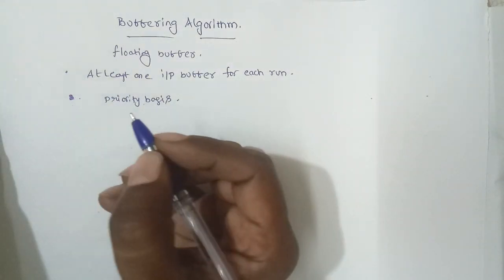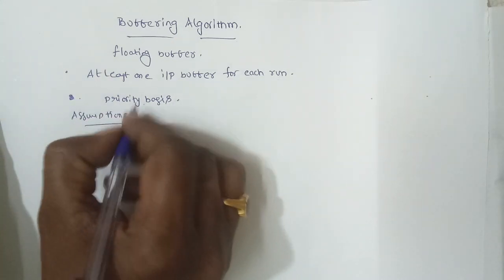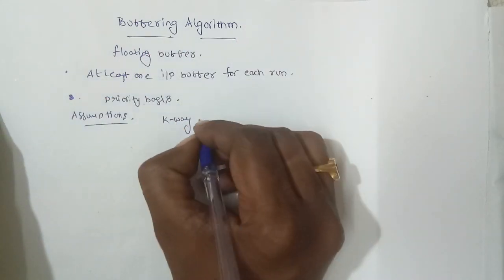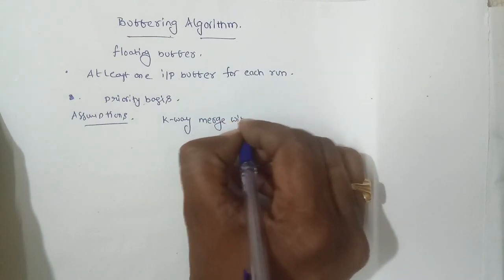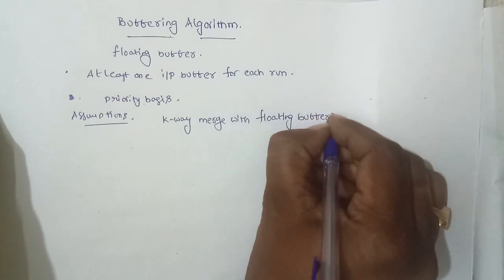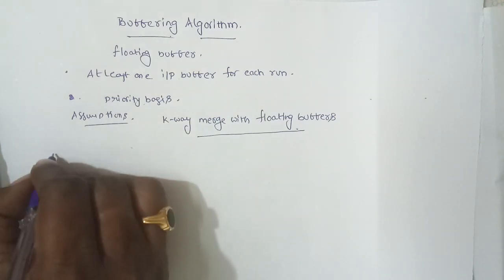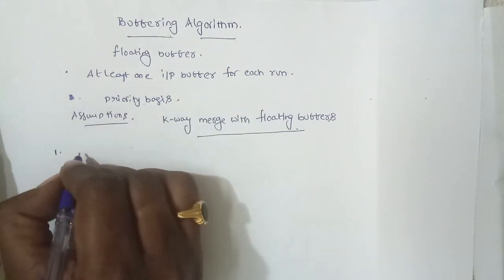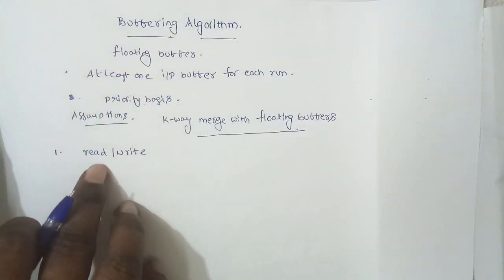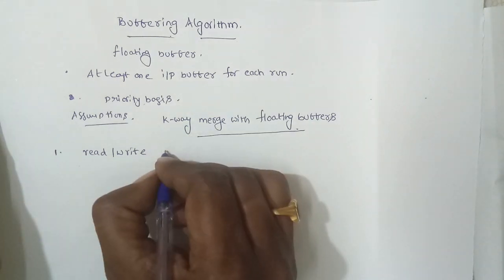We have to follow some assumptions. Another name for the buffering algorithm is K-way merge with floating buffers. Some of the assumptions: we are performing read and write operations, that is, reading from a disk and writing into a disk simultaneously.